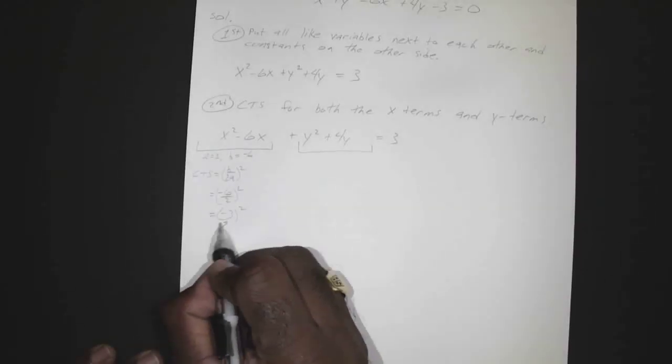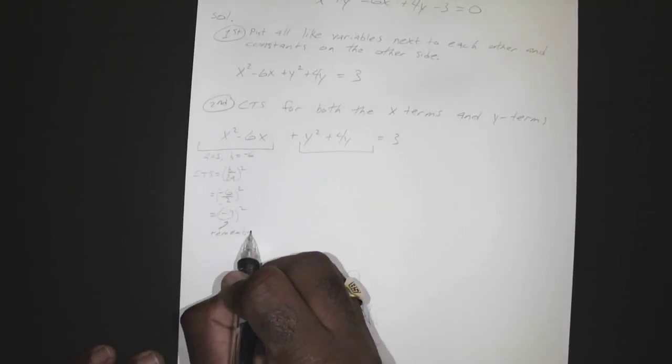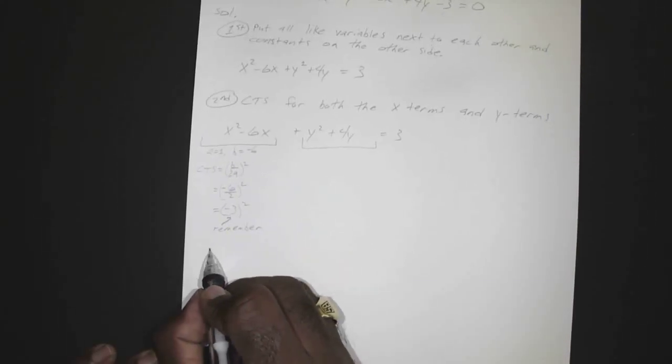You want to remember that value before you apply the square, which means your completing the square value is 9.